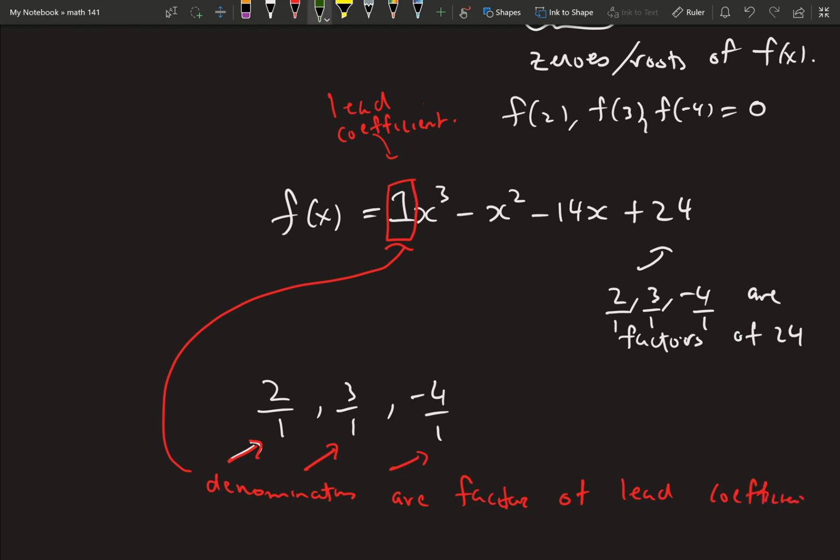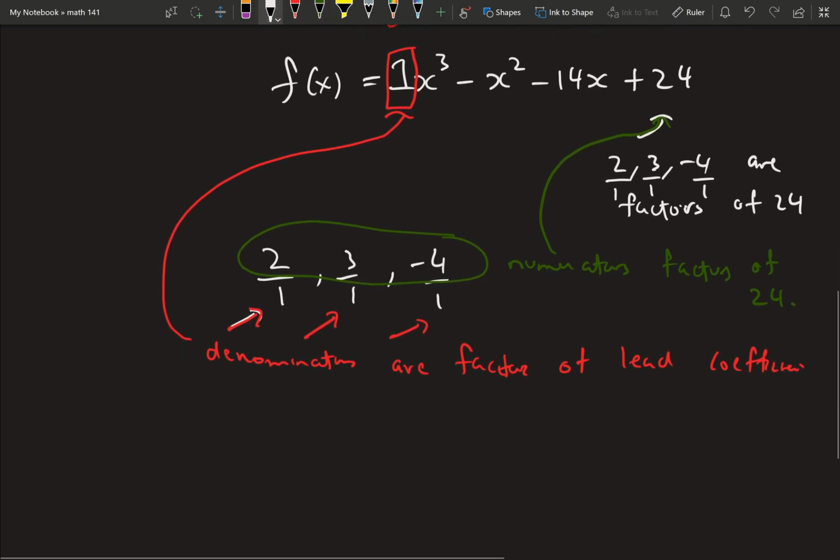And the numerators here, which are 2, 3, and negative 4, these are our numerators. They turn out to be factors of the constant term, which in this case is 24. And that turns out to be always the case for any polynomial. And that's exactly what the rational root theorem says.